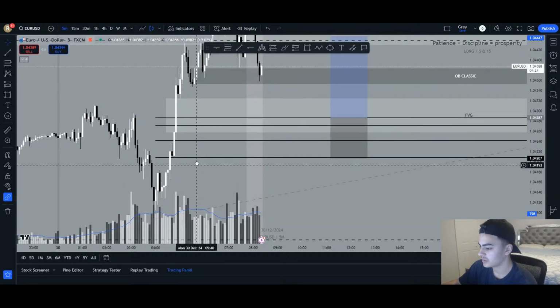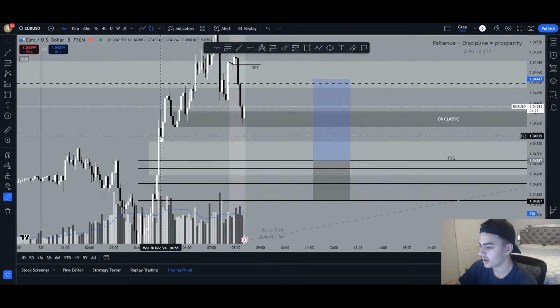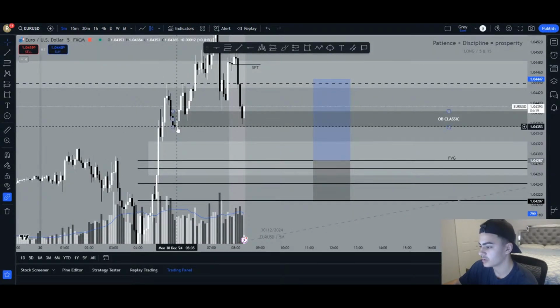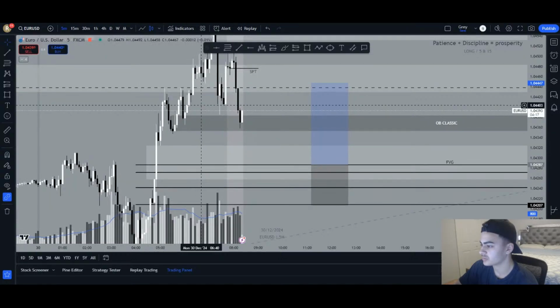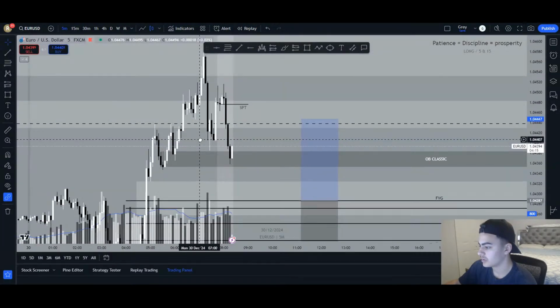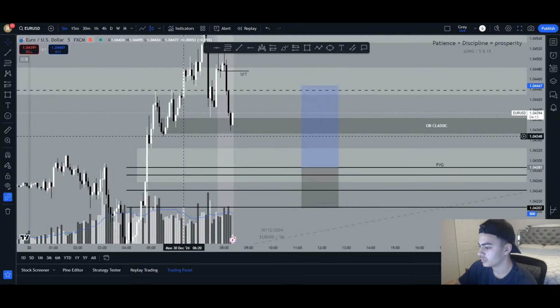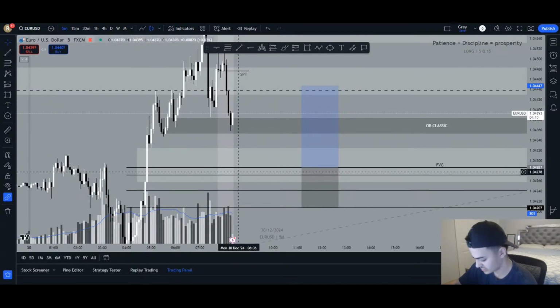I see a lot of bottomless wicks over here. This one has no bottom wick. This one too. That's 3. That's 4. So I'm still guessing it's going to go down here.